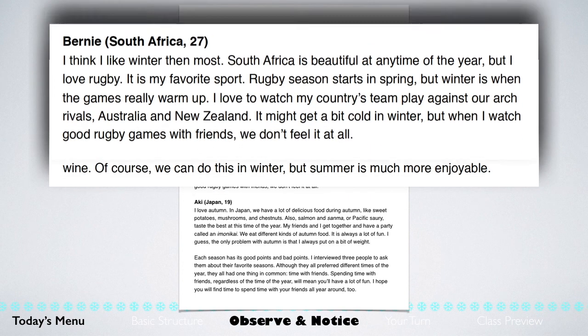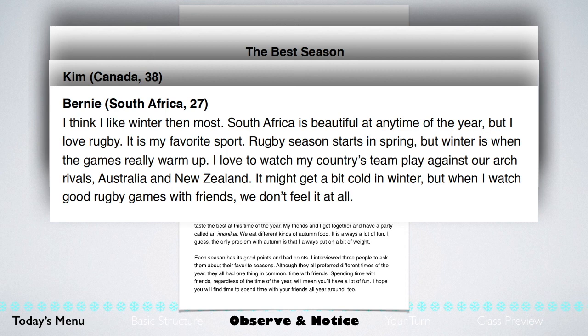The second paragraph of the body, by Bernie, again tells us immediately that his or her favorite season is winter. The reasons, mainly to do with rugby, are very clear, and again there is a good sentence to finish the paragraph.